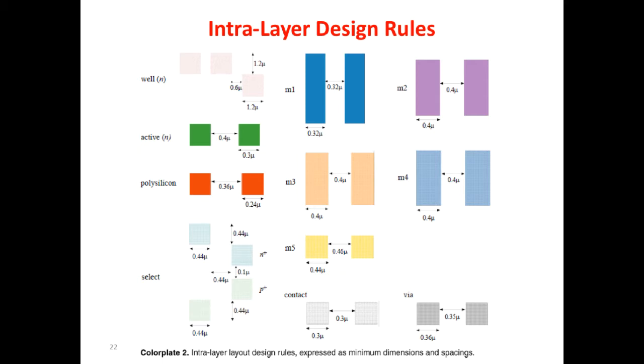From this example, you can easily understand that the limit is given by lithography and by the following process, because in order to define two metal lines which are separated by 0.32 micron, you need to have a proper lithography and proper etching of the excess metal that you put.